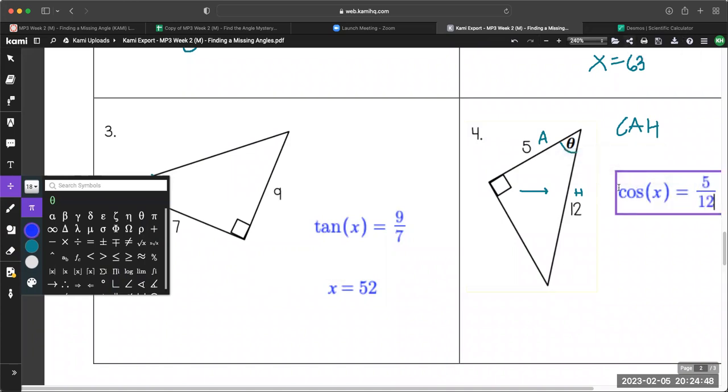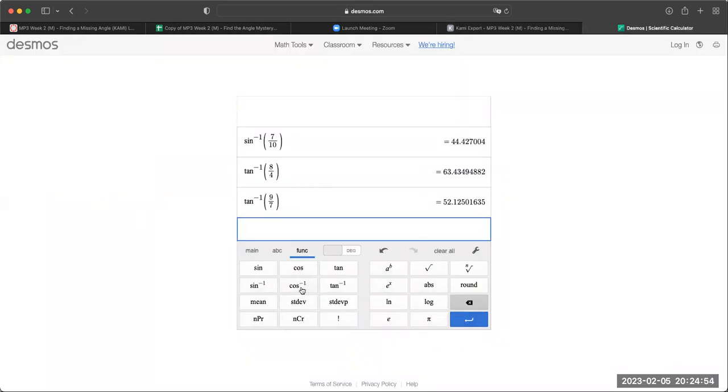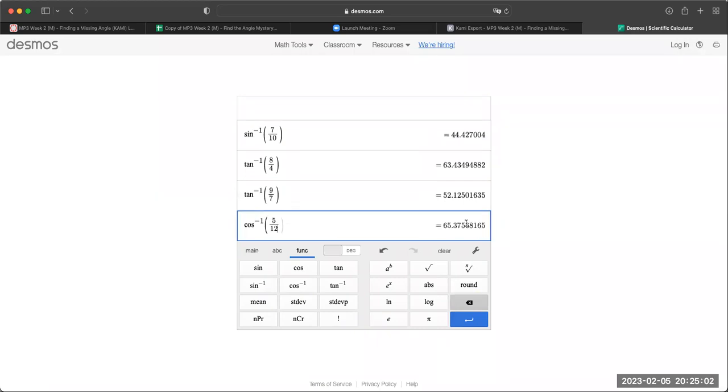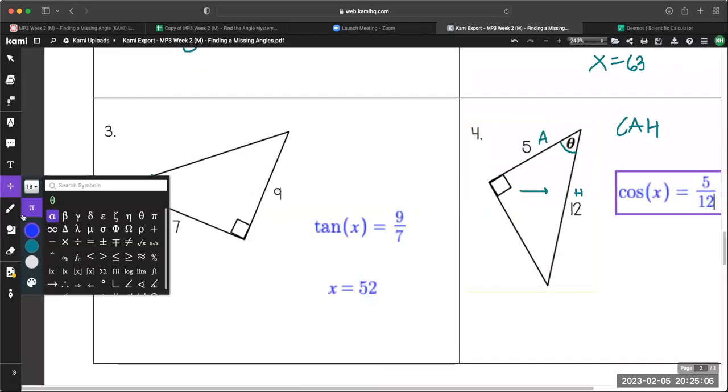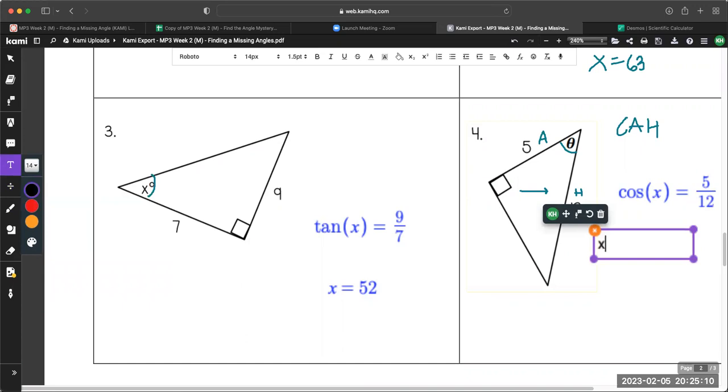I've got to undo this cosine, so hit enter, inverse cosine of 5 over 12. And there we are, 65 degrees. So that angle up here, it doesn't matter what it looks like, X is going to be 65 degrees.